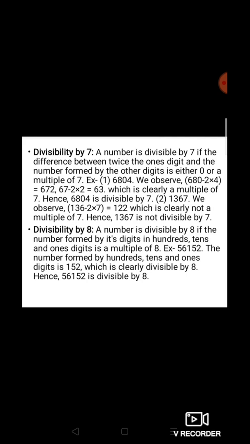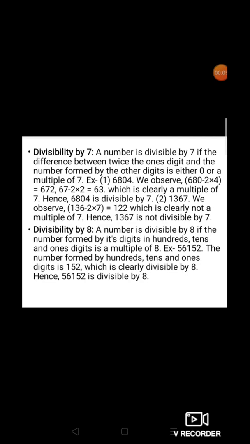So that means it was a 4 digit number, now it has become a 3 digit number. Now we can again apply the same method, because 672 is again a big number and we don't know whether it is divisible by 7 or not. So that's why we will now take this 3 digit number 672. Here the ones place digit is 2.